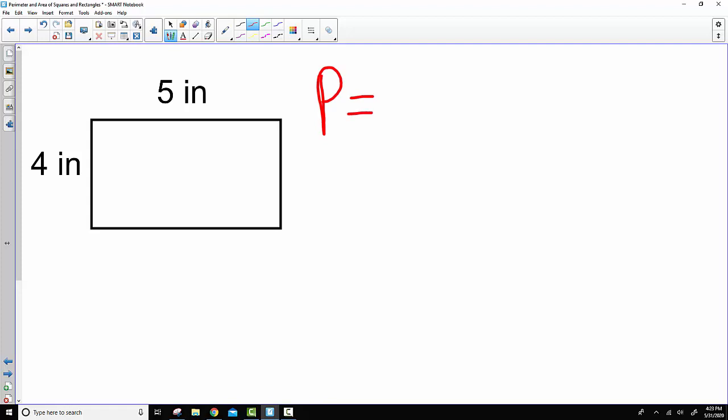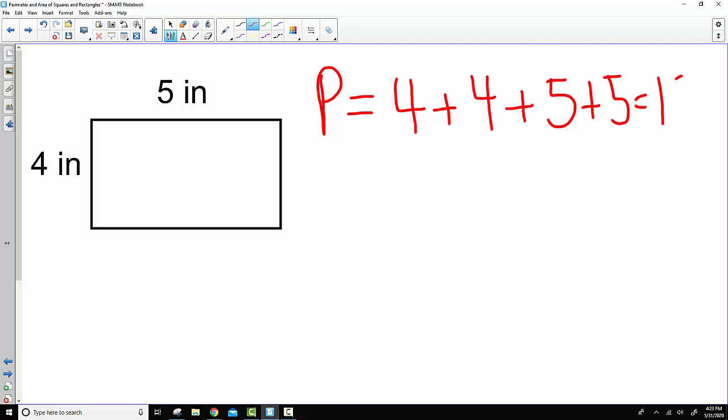And in this case, we're using inches. So on the left-hand and right-hand side, we see there are 4 units. And at the top and the bottom, we see there are 5 units. So the total number of inches in the perimeter is 18 inches. I think that's fairly straightforward.